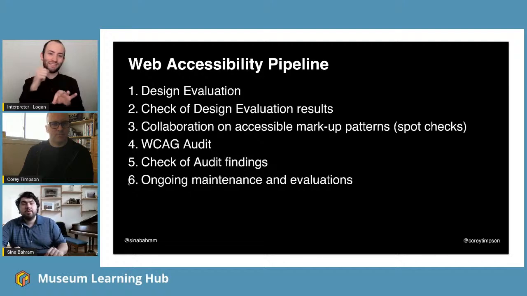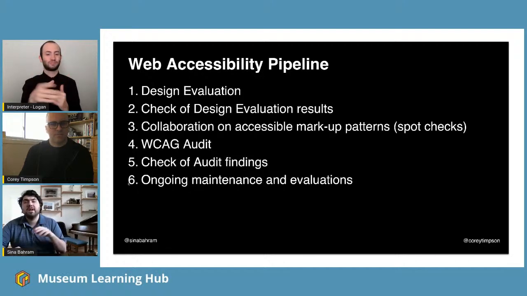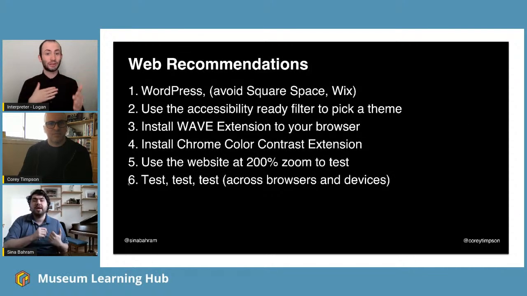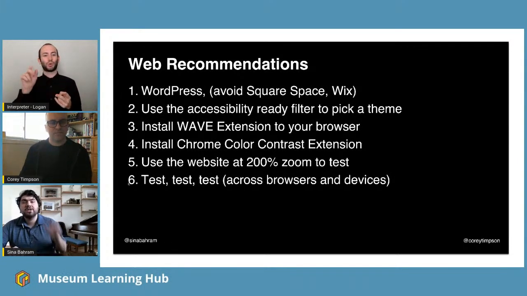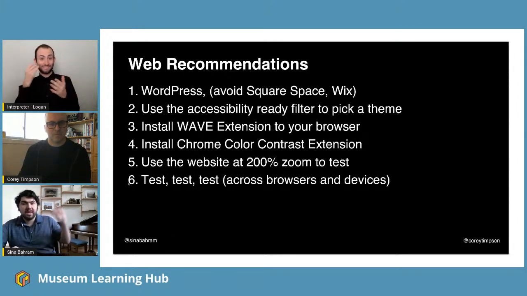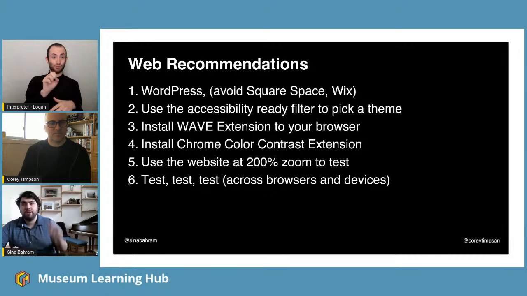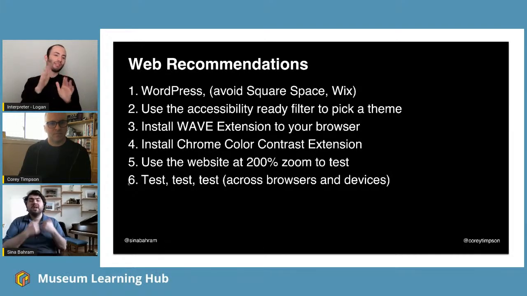And really quick on recommendations, please avoid Wix and Squarespace if you can, preferring WordPress for website construction. It just tends to lead to a more accessible website. You can use the accessibility ready filter when you're looking for a WordPress theme to filter those themes by those that are going to be more accessible.